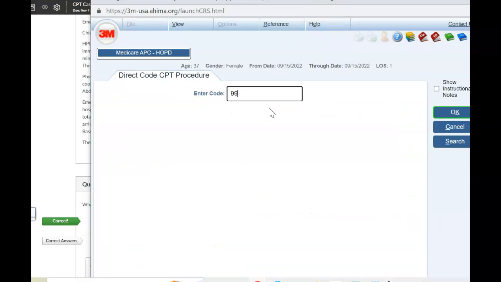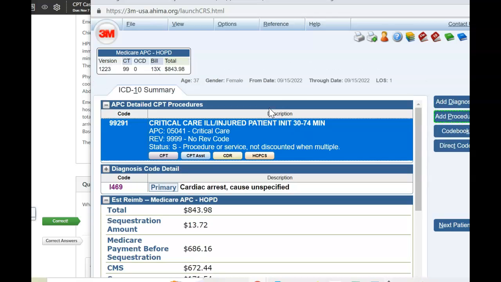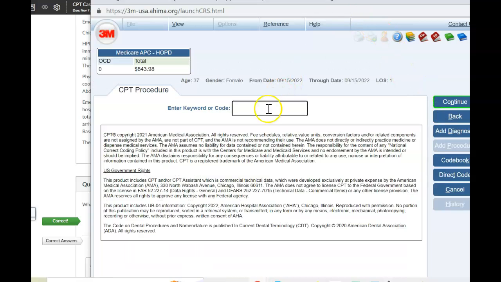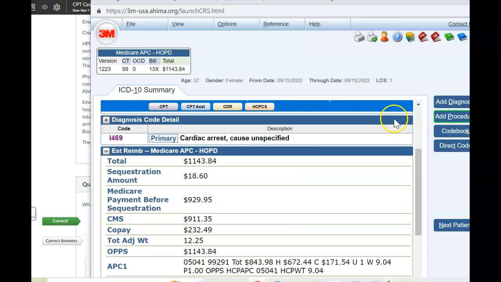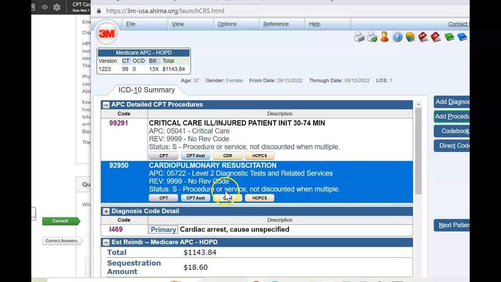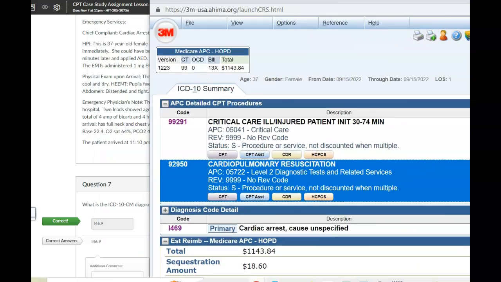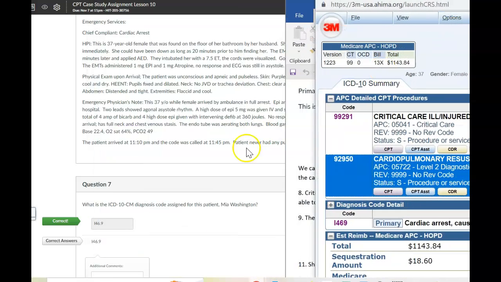So we have 99291 critical care, and then we're going to put in the CPR 92950. All right, so here, as you can see, it's well over the $500. That's why that needed to be false. We have our two APC codes for this one. So if anybody has any questions on that one, let me know.